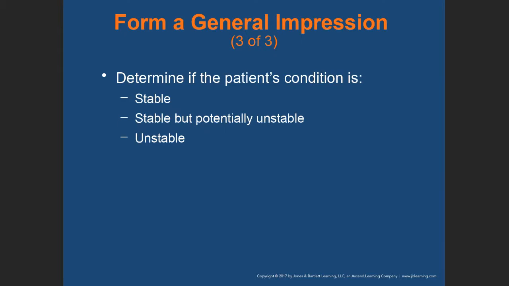Determine the patient's condition. Based on your general impression, you'll be able to decide, okay, is this a stable patient? Is it a stable patient, but the patient has a condition or injury that can make them unstable? Or is the patient unstable?